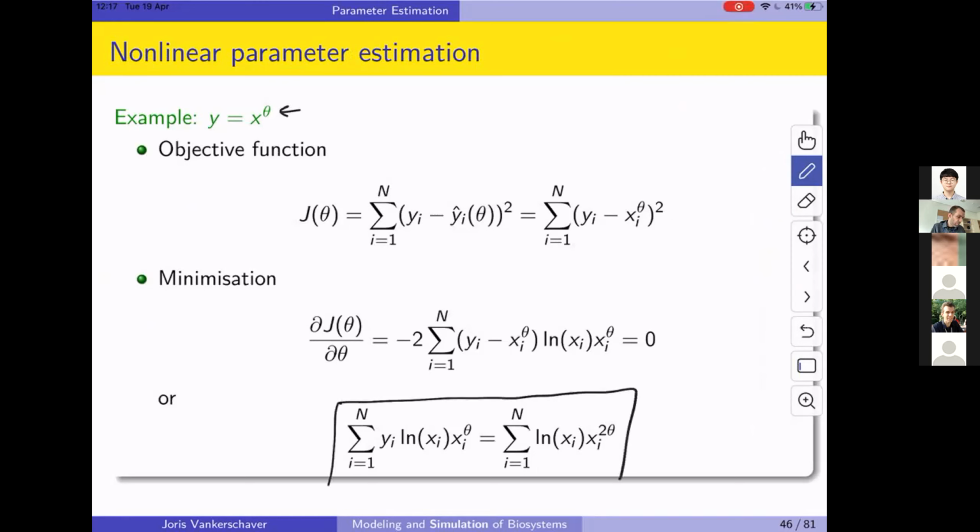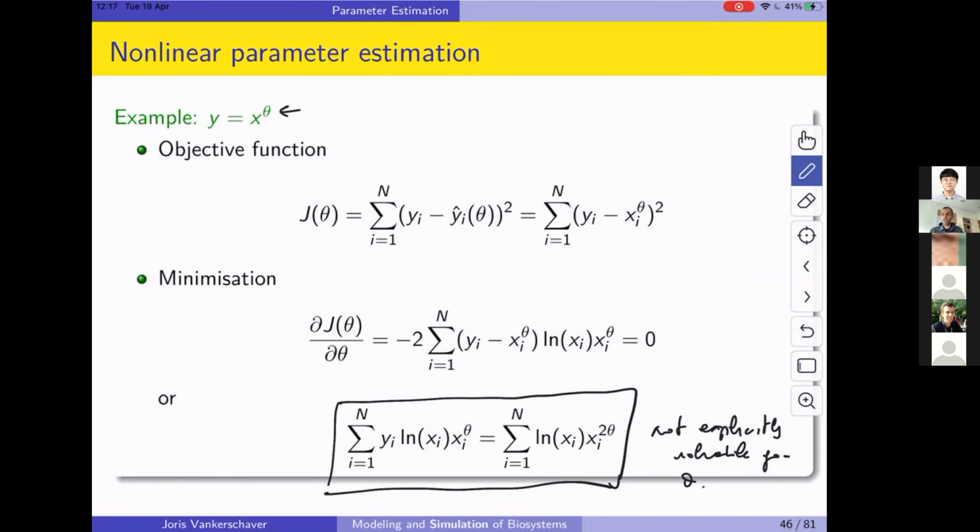But this is not solvable explicitly for theta. So this does not give you an expression for theta that you can explicitly solve. So here, what do you do?